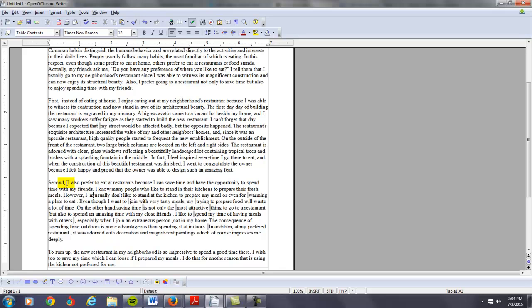However, I usually don't like to stand. Use here in the kitchen, so this is what we call prepositions.